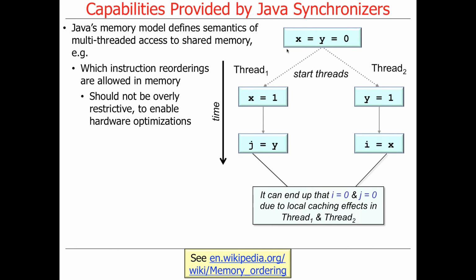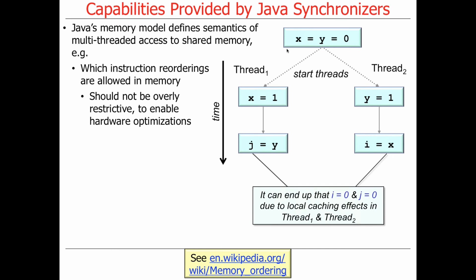Over here, we set x to 1, but that's in the local cache of thread 1. But over here, x is still in the cache of thread 2 with the value of 0, which is what it started with. So when thread 2 goes to read x, the value of x in the cache of thread 1 has not yet been flushed so that it ends up in thread 2's cache.